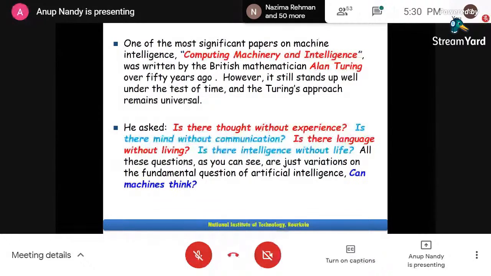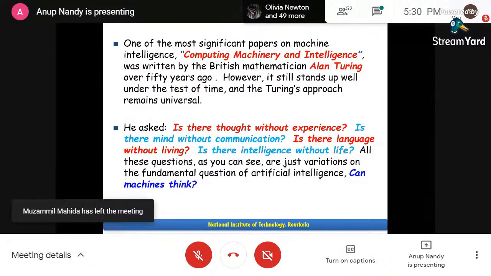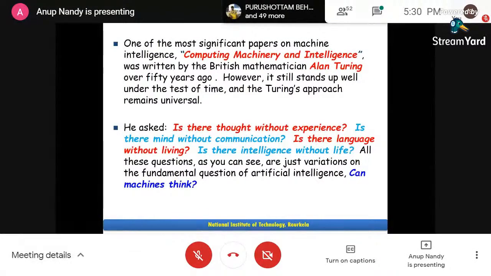The Turing test is a method of inquiry in AI for determining whether or not a computer is capable of thinking like a human being. If any machine passes the Turing test, it means that the machine or system can think the way a human being thinks.